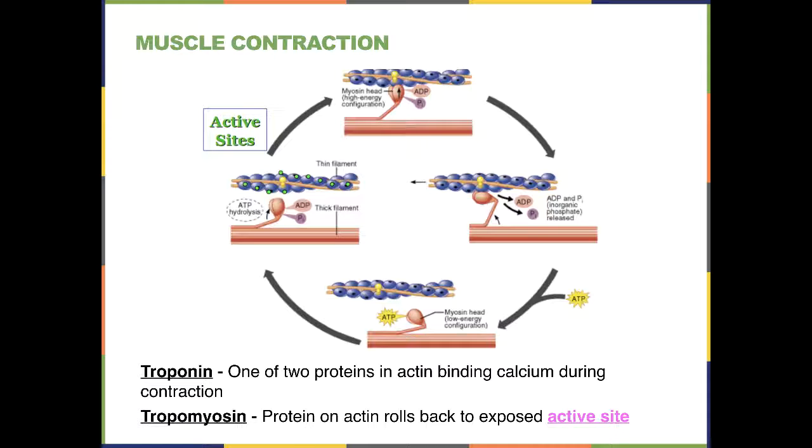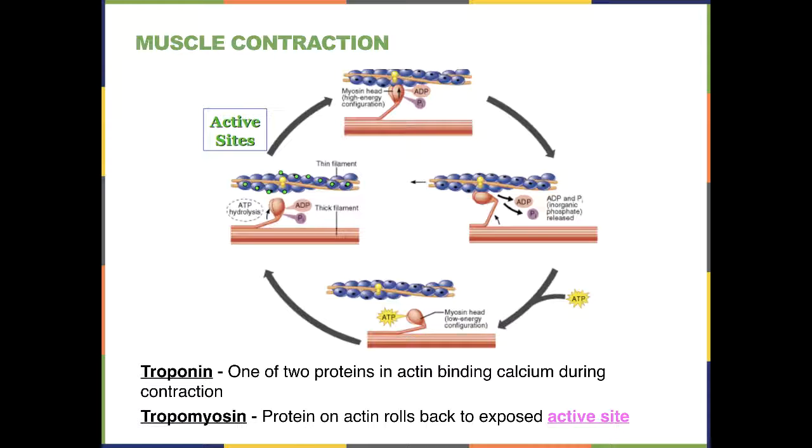So where we want to start here is on the left side in the middle, and what you see here is that ADP and a phosphate are bound to the head of the myosin molecule. When the active site becomes available, the myosin molecule reaches up and binds to that active site.